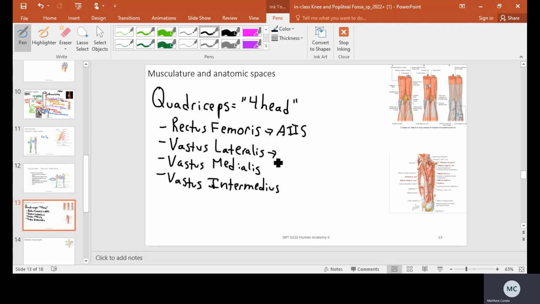Upper 2/3 of the anterior and lateral femur, all that great stuff. Big thing to remember here is that vastus intermedius, I'm sorry, is the one that comes off the upper 2/3 of the anterior and lateral femur. Vastus lateralis, where it kind of went over. Vastus medialis, medial intertrochanteric line, pectineal line, medial linea aspera, medial supracondylar line, basically everything on the inside.